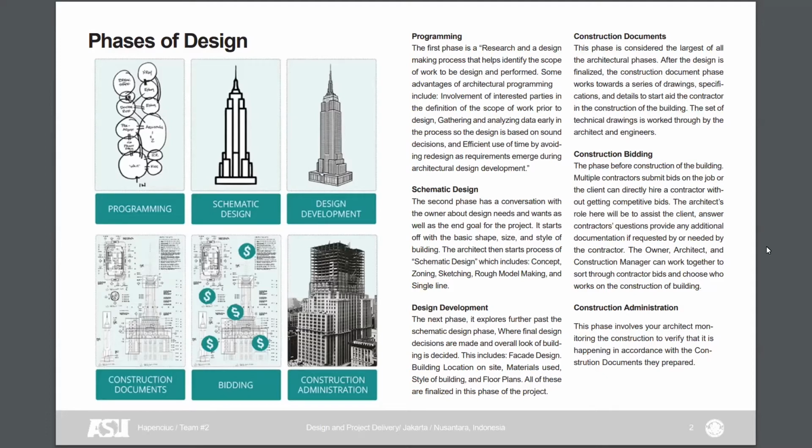The construction bidding is where multiple contractors, if they want to take on this project, will of course bid, and the owner chooses the best for price and so forth. And then construction administration involves the architect monitoring the construction and verifying that everything is going as planned.